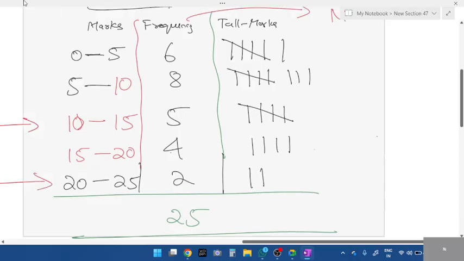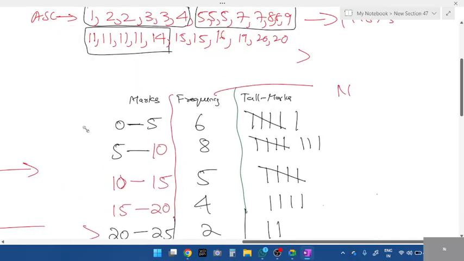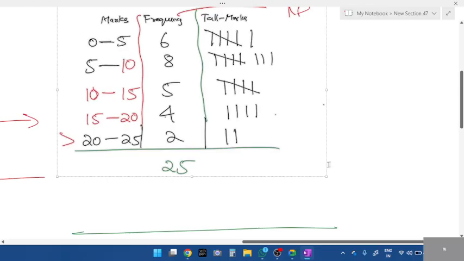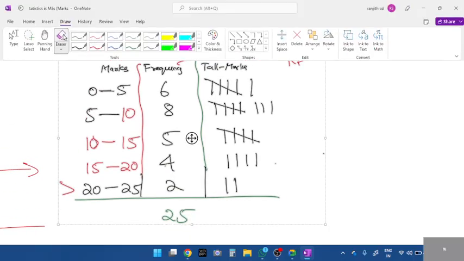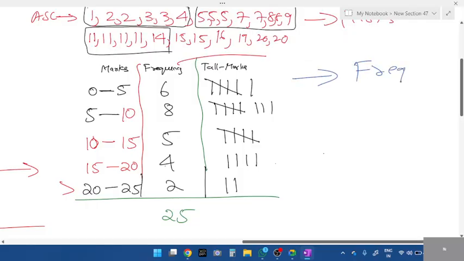And we used a concept called the grouping method. The reason is there was too much data, students, and the table would look clumsy. In order to make it distribute properly, we have used a frequency distribution table.